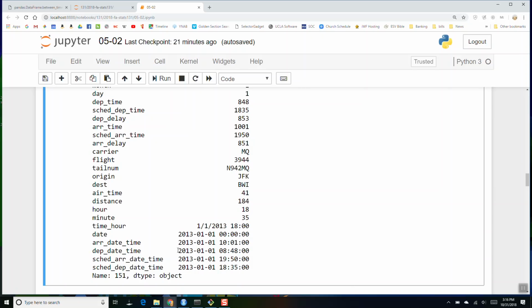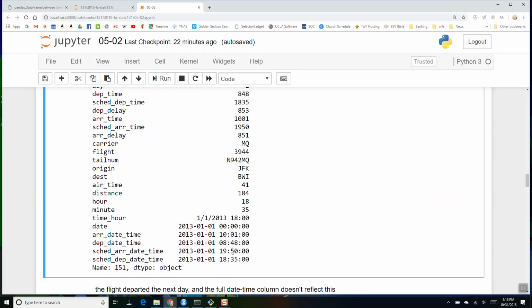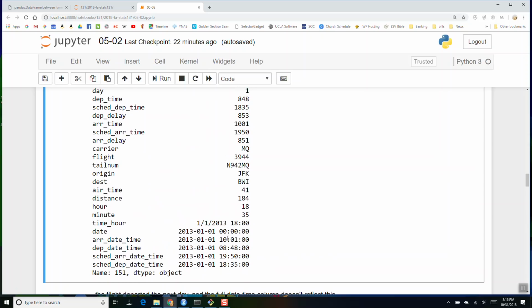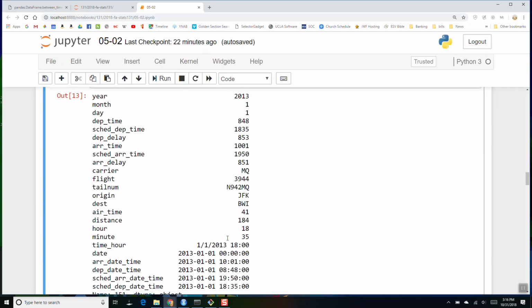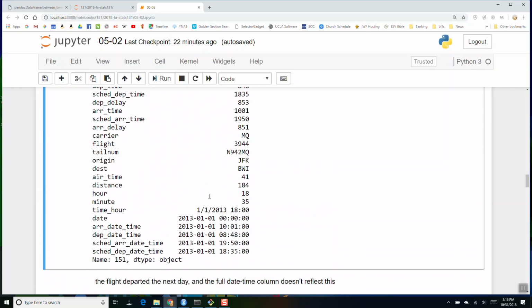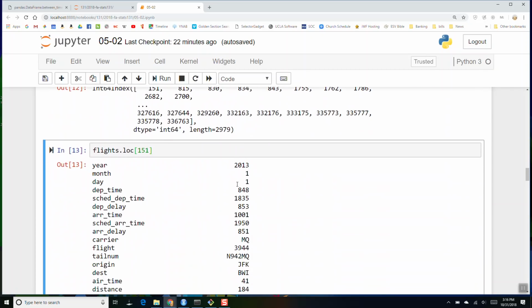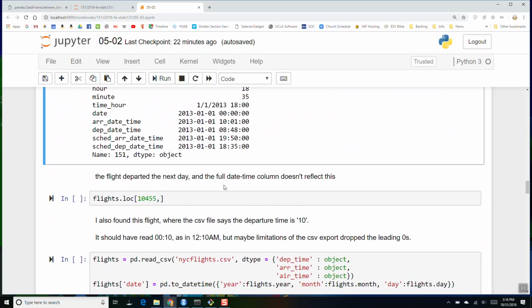And then the departure date was January 1st, 8:48. But what it actually is, is that this departure date should be January 2nd, 8:48. Okay, and so that's a problem that we encountered.